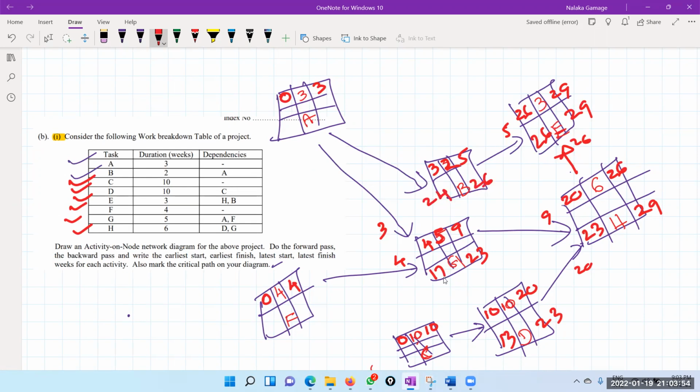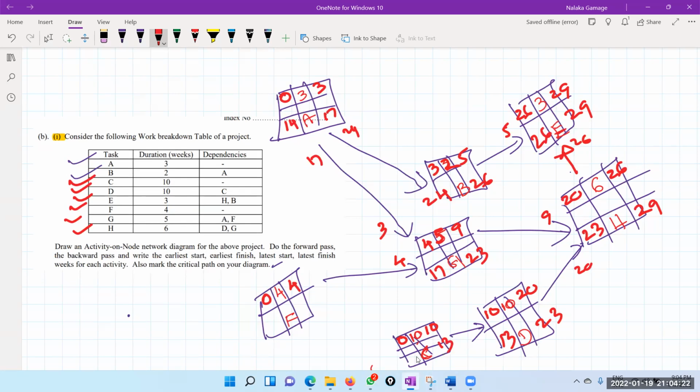Okay. From here 17, here 24, here 24, here 17. We have to take the smaller one. 17. 17 minus 3 is 14. Okay. Critical path and float. From here 13, 13.